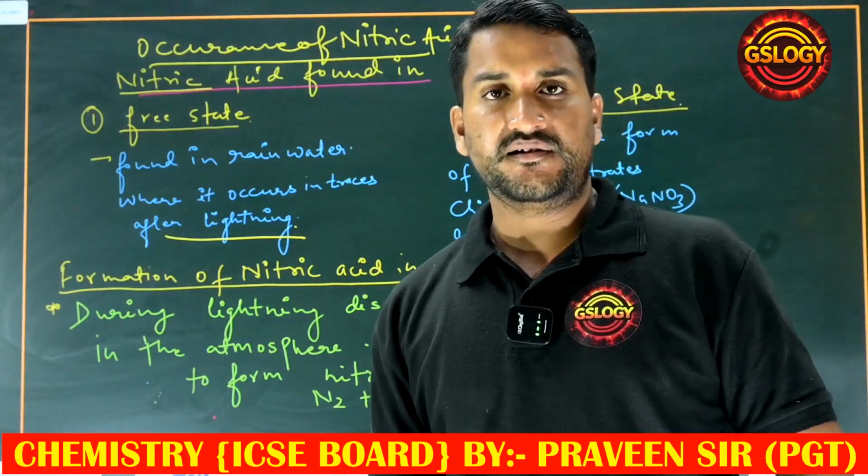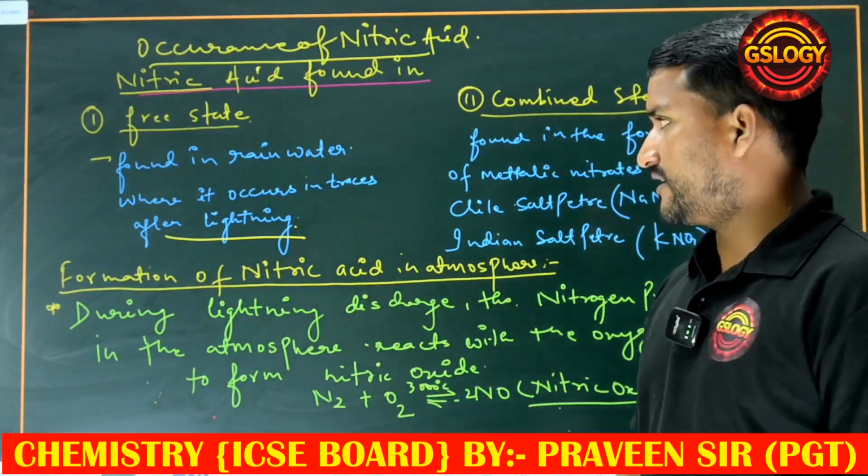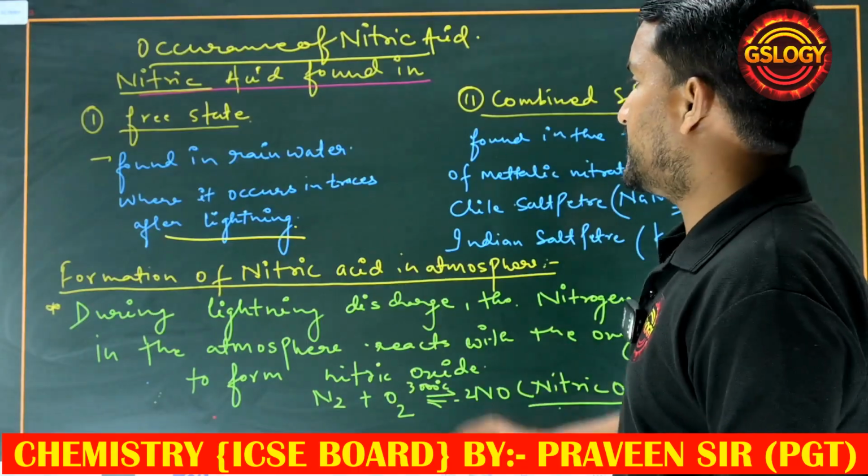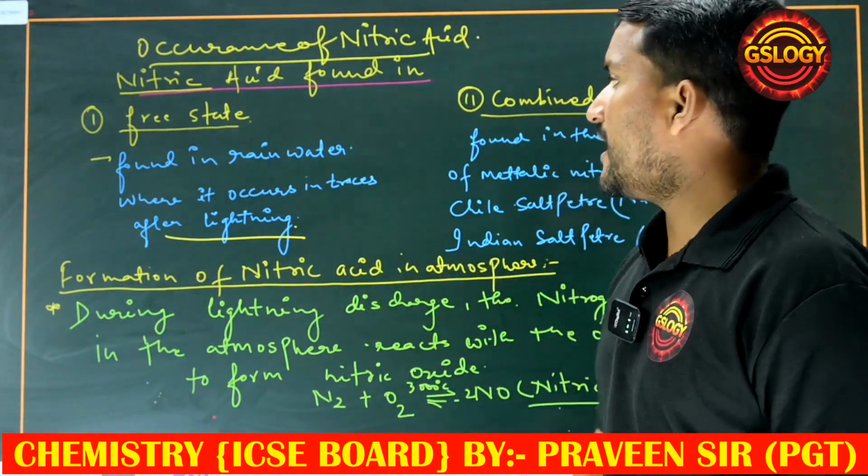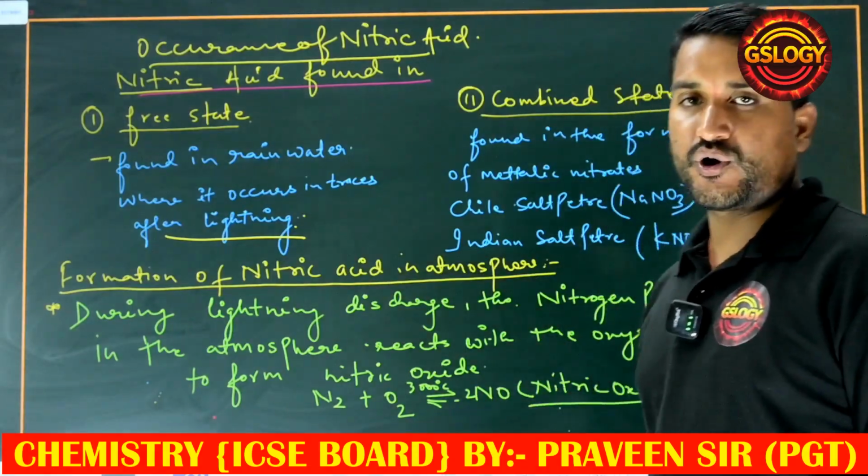In the free state, nitric acid is found in rainwater, where it occurs in traces after lightning.